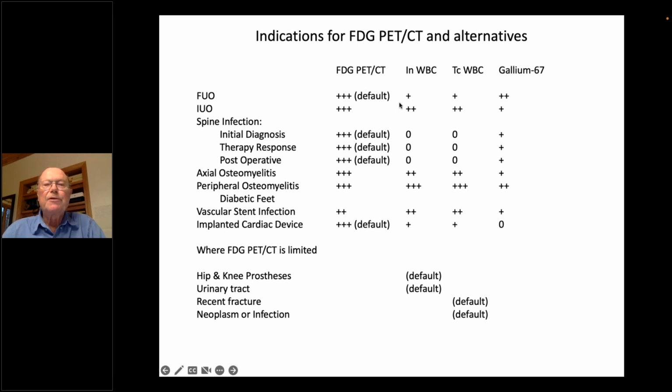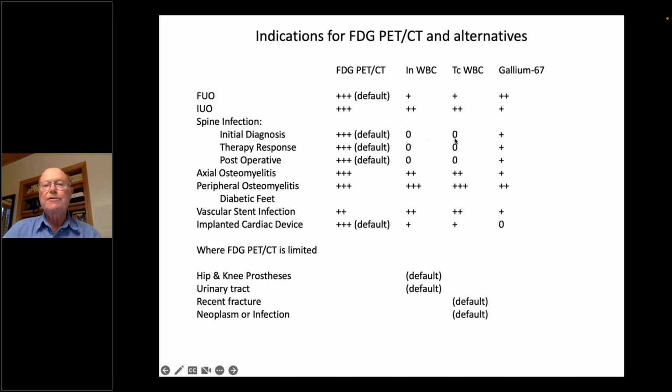For FUO, gallium is probably the best alternative because it gives you the option to see infectious and inflammatory conditions as well as neoplasm. If infection is the most likely possibility, then white cells offer the best alternative.